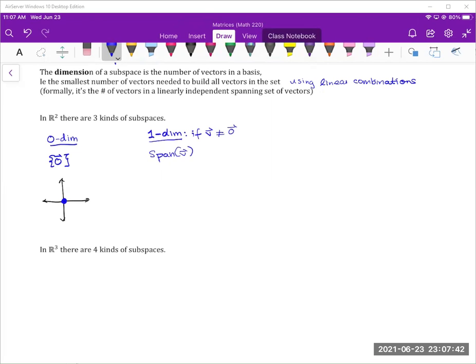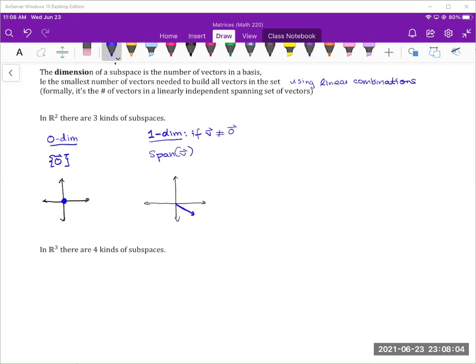Okay, so what this is going to look like is we're in R2. Our subspace is going to contain some vector v, and it's going to be all linear combinations of this, so any scalar multiples.